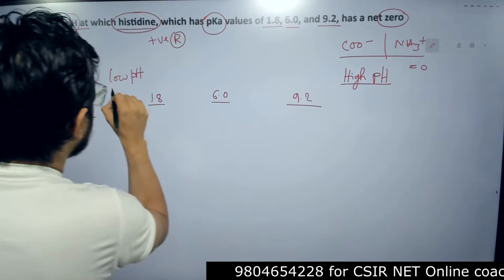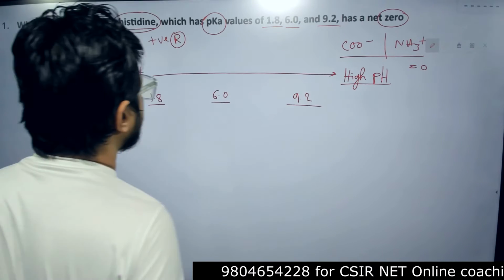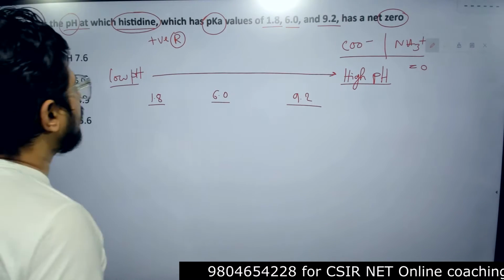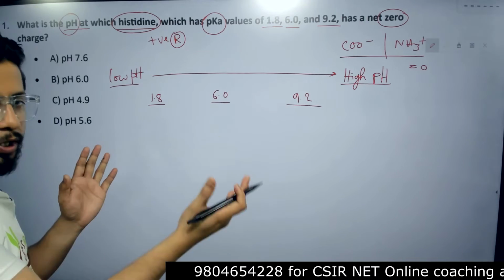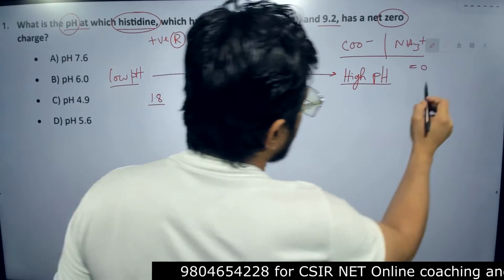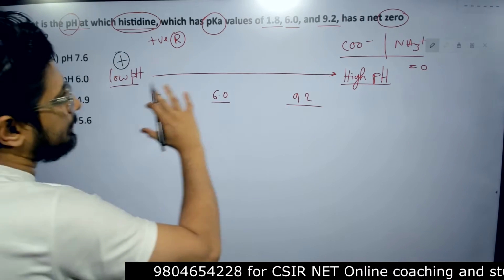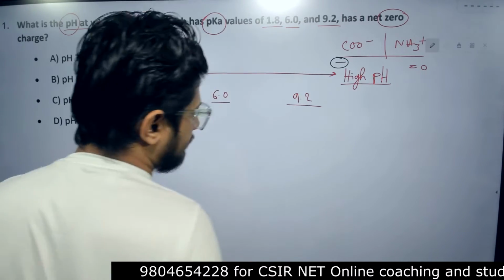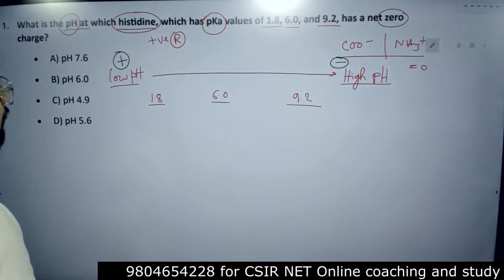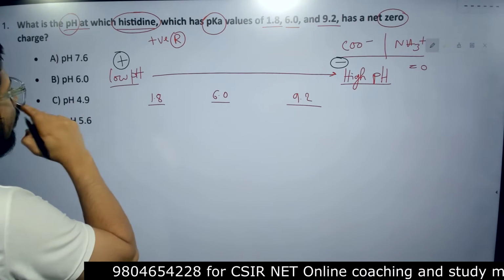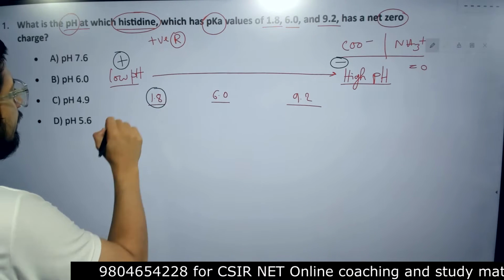Moving from low to high pH in this direction. And we know the lower the pH, the more protonation, right? So more protonation would be on this side and deprotonation on this side. So pH values lower than pK.